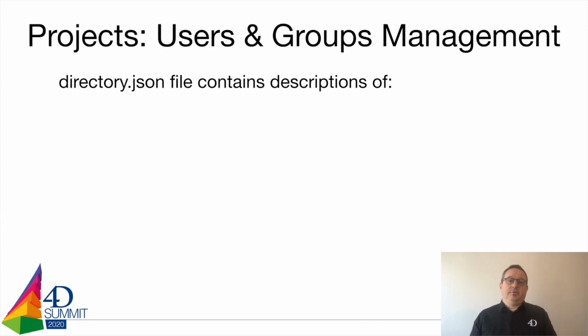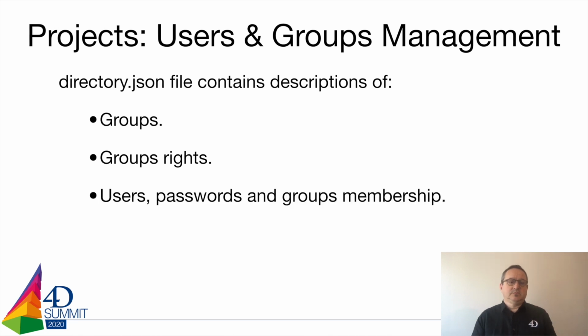So the users and groups are stored in the directory JSON file. This file contains a description for the groups, the group rights, and the users, the passwords, and the group membership. The passwords are encrypted.